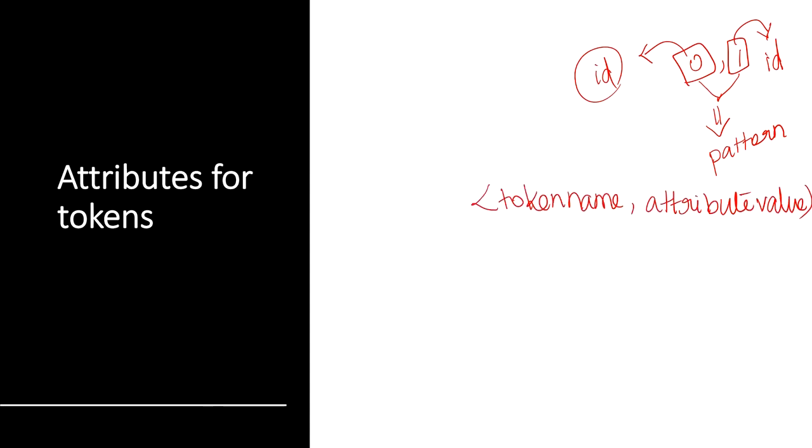The token name influences the parsing decisions, and the attribute value influences the translation of tokens after the parse. The token for an identifier is represented by ID, comma, attribute value. The attribute value is a pointer to the symbol table entry for that particular identifier.